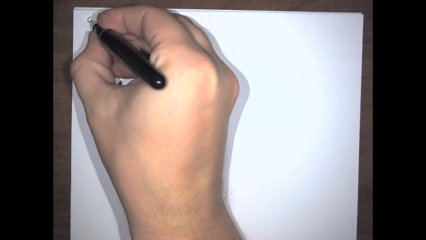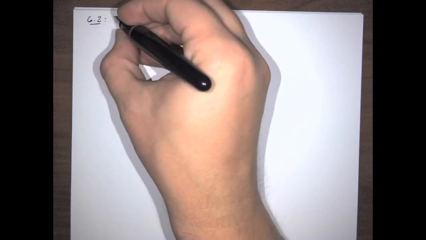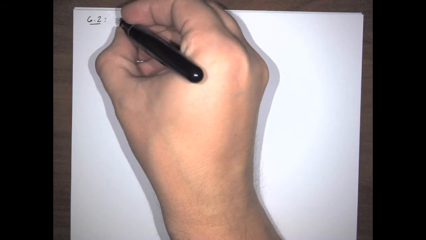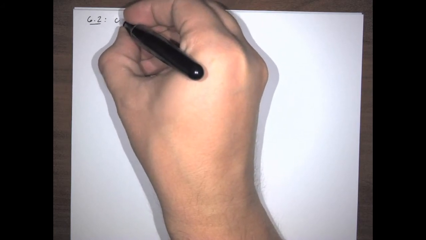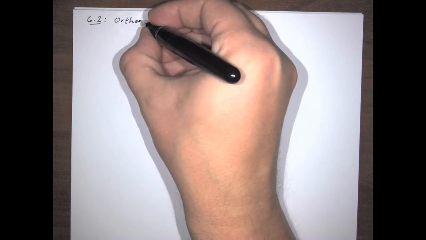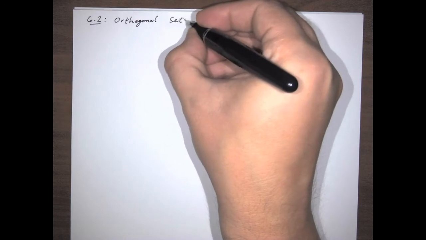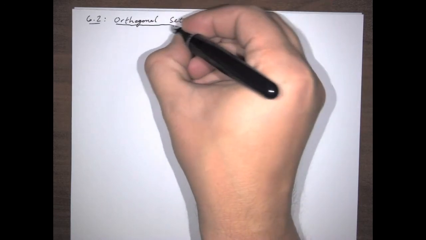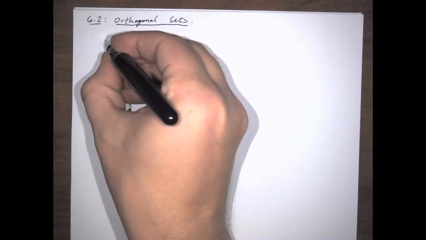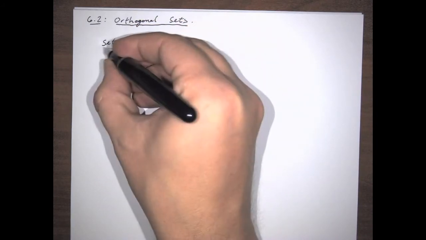So what we are going to be doing now is picking up with the subject of orthogonality, and in particular we're going to look at some of the consequences that orthogonality has if we're talking about sets. So orthogonal sets. The setup here is we are going to have a collection of vectors in Rn.